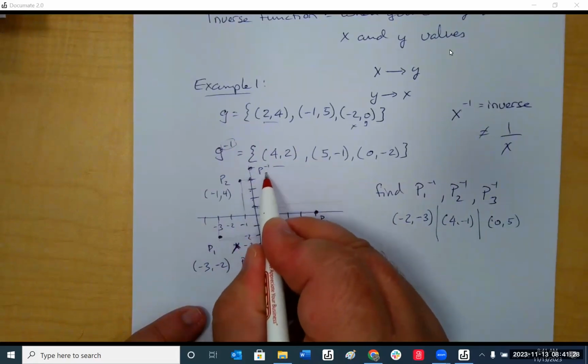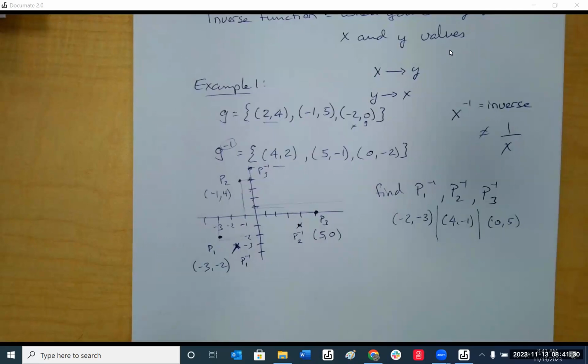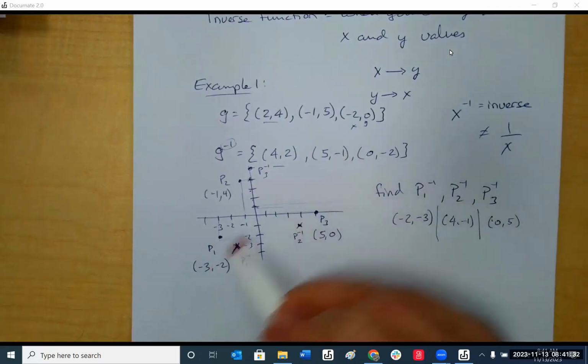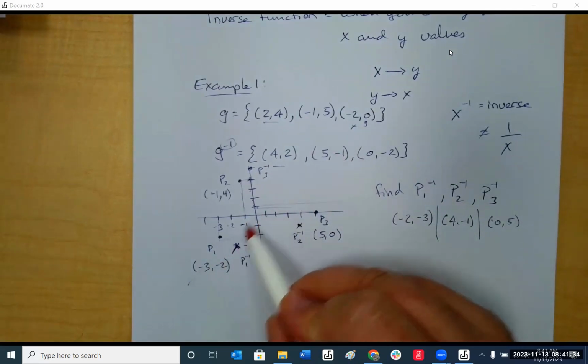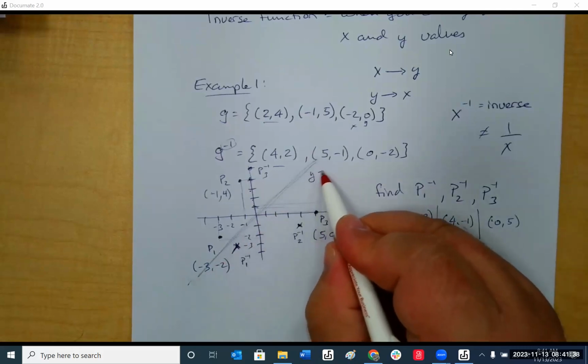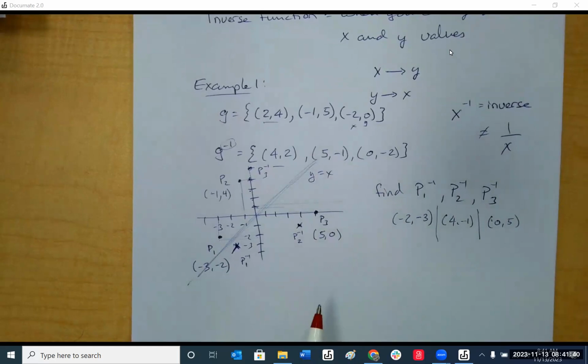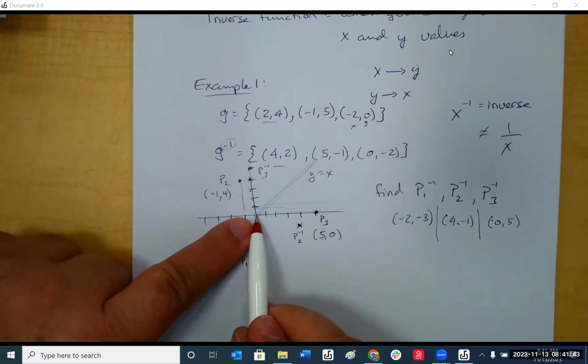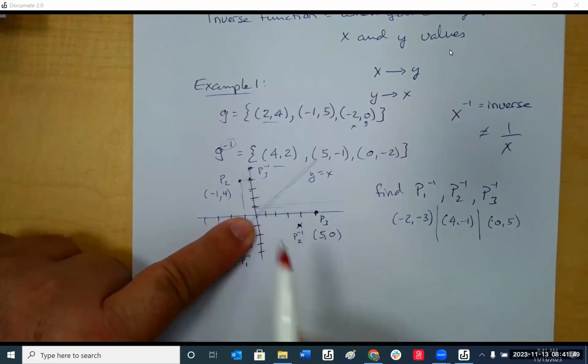Now, if we had more points, we'd see the diagonal line y equals x. From 0, 0, if I go 5 this way, I get this. If I go 5 that way, I get that point.